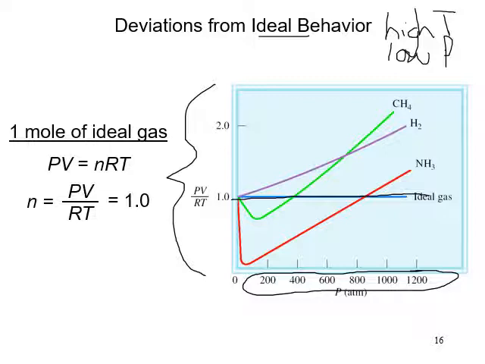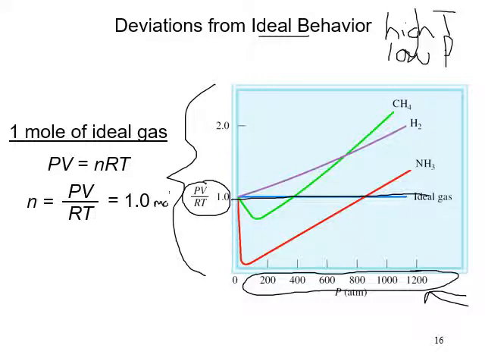But that's obviously impossible, because when we put something under really high pressure, and you notice these are huge numbers, the molecular size is going to start taking a toll. It's going to contribute, and you're also going to see some attraction or repulsion. What's kind of weird is they're saying PV over RT equals 1. 1 what? 1 mole.